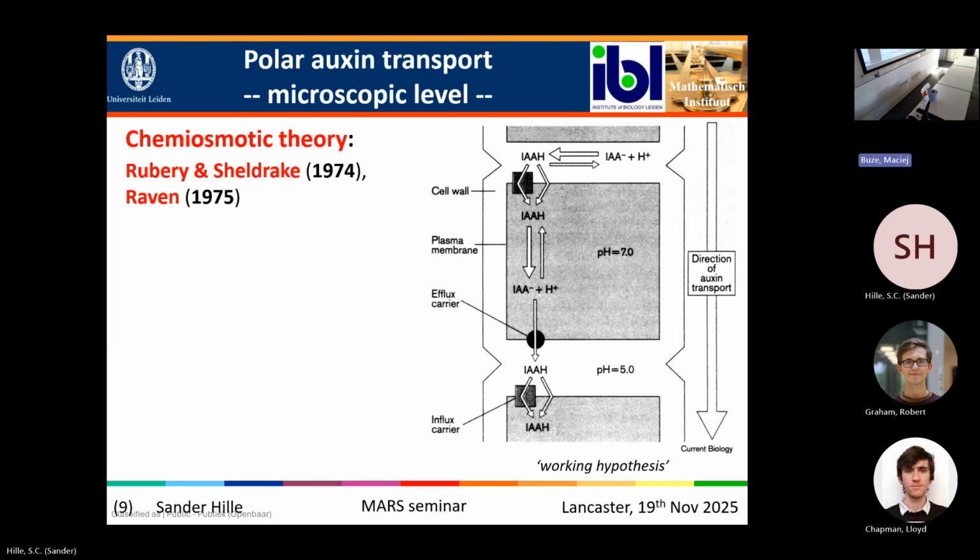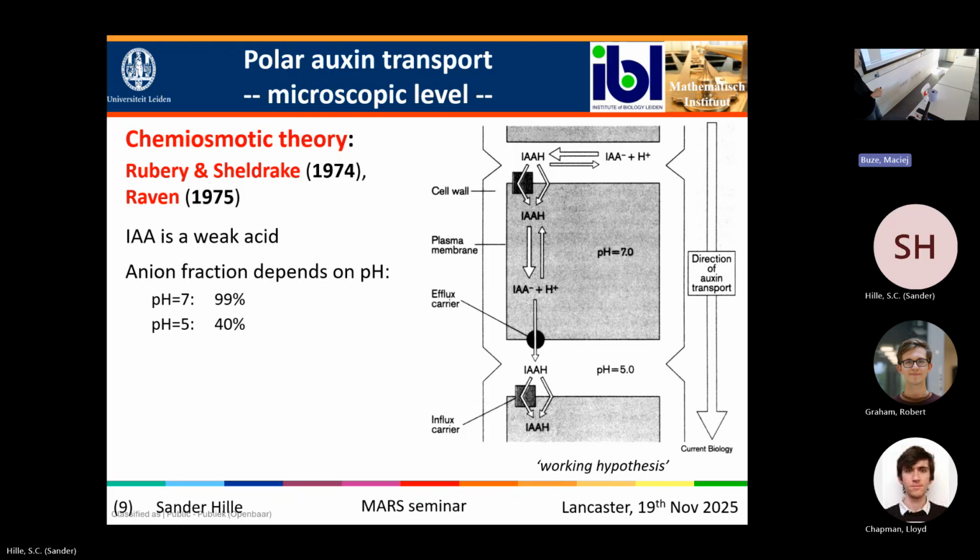How it works, and I will briefly go through it because it is important for understanding how the model came in later, is this chemiosmotic theory. The theory says that, in these vascular bundles, in the vertical direction, you have cell files, and the auxin hops from one cell to the other. In between the cells, because it is a weak acid, it will split into an anion form and a protonated form, depending on the acidity.